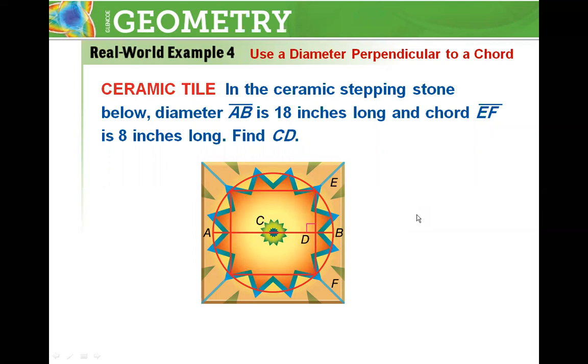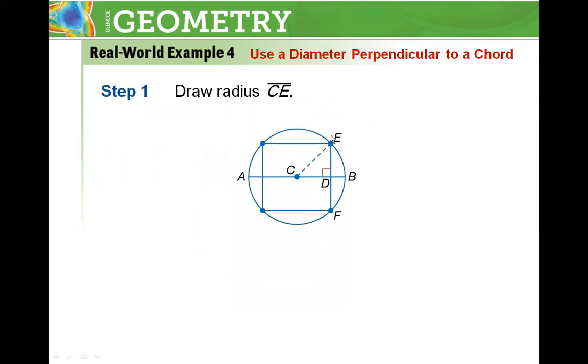Find CD. So we will start by drawing the problem. As you see, this is the ceramic stone, and AB is the diameter and its length is 18, as he said. So the whole diameter is 18.